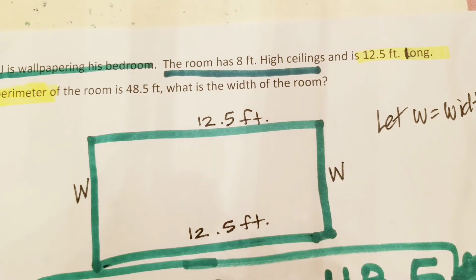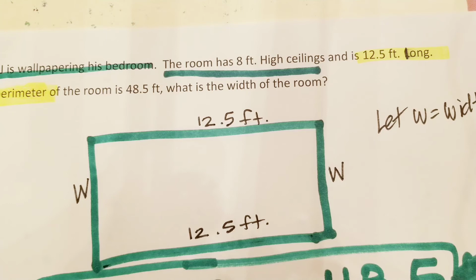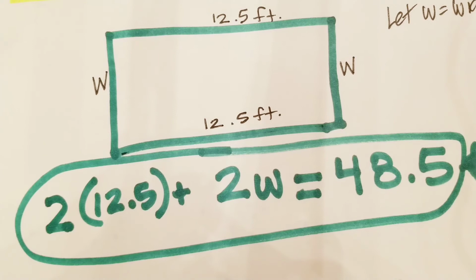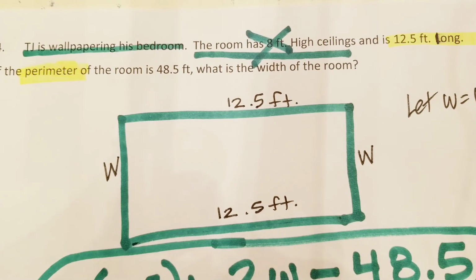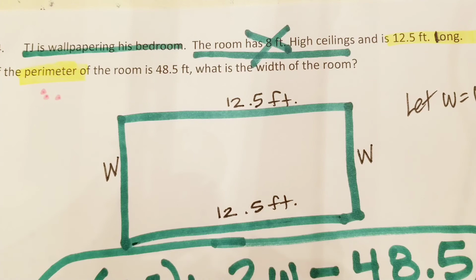That has nothing to do with the perimeter of the room, because the perimeter is just the length and width of the room, doubled. You would think the 8 feet would go somewhere in this equation, but no, that's only if we're dealing with area, and we're not. The problem wanted only perimeter. Okay.